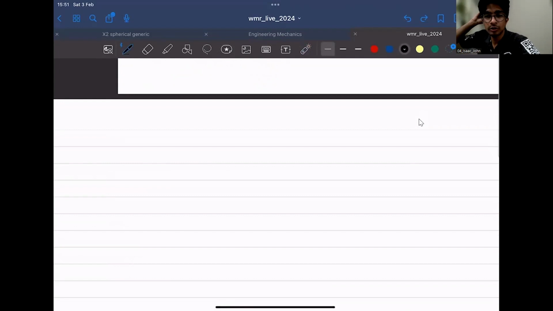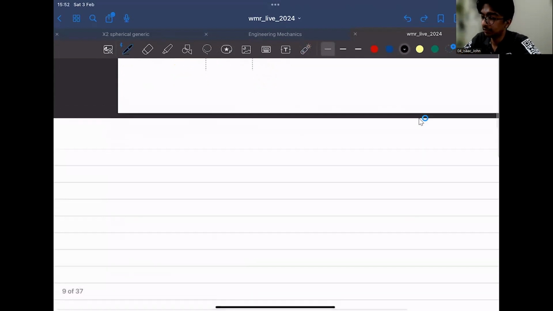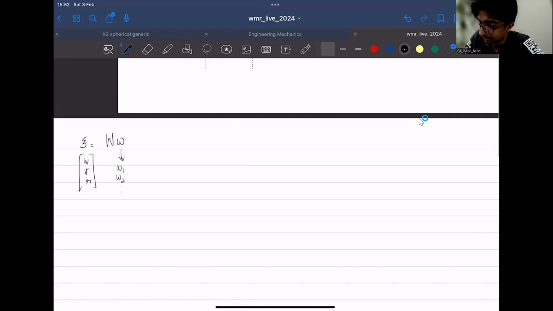And we also have seen cases where we have the wheel model as theta equals W times omega, where theta is UVR and omega is omega 1, omega 2, etc., depending on the number of control inputs that you have.